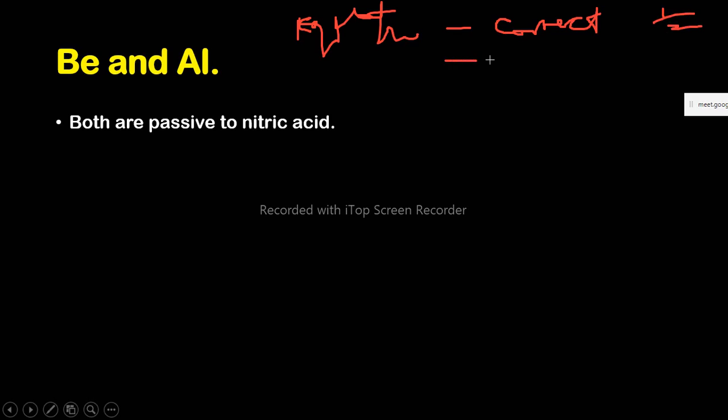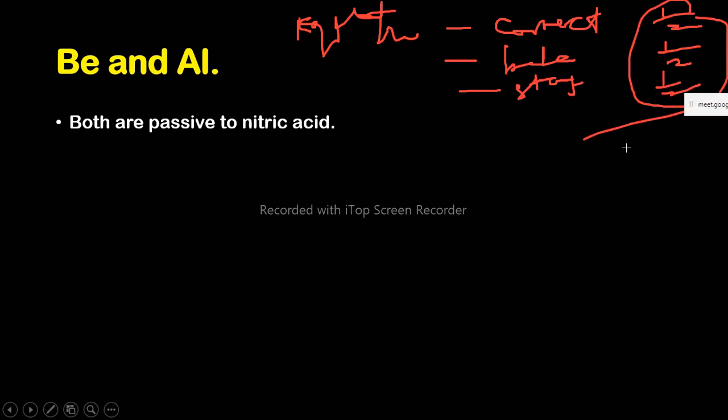If you balance the equation correctly, you earn yourself half a mark. And if you write states, I mean solid, liquid, gas, you also earn yourself half a mark. So the whole equation, you're going to earn 1.5. And this 1.5, you think it's easy to get? You think it's easy to get it?